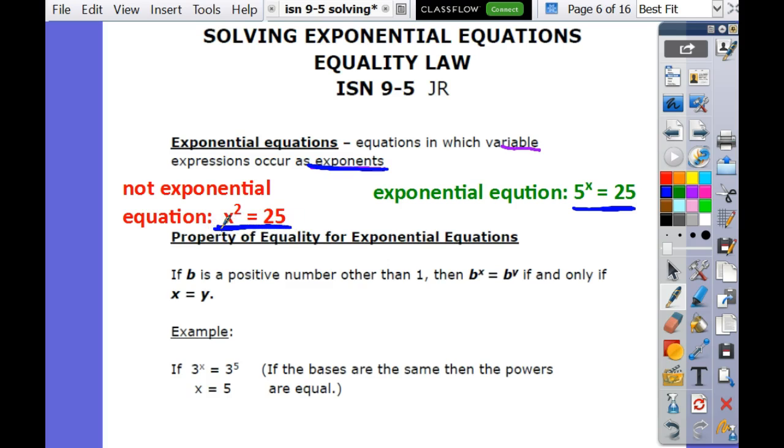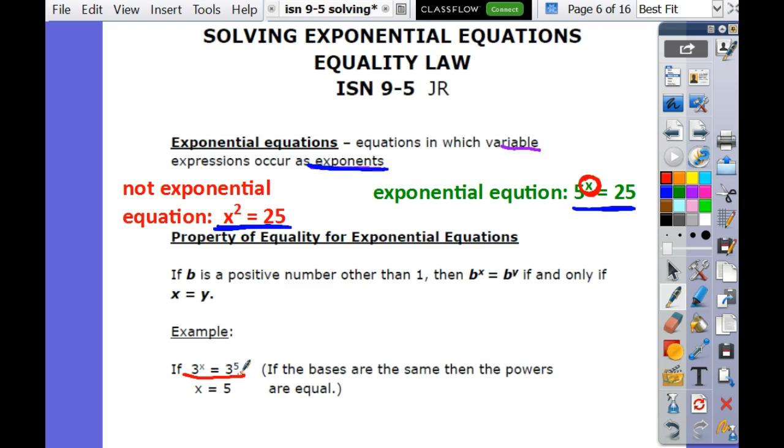This is not. They both have exponents, but in order to be an exponential equation, the exponent has to be a variable. And just like I was saying, in order for these exponential equations to be equal, first the bases have to be equal and then the exponents have to be equal.